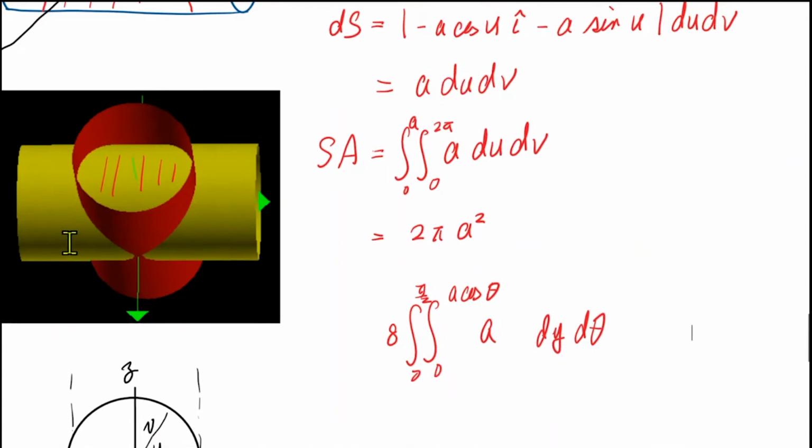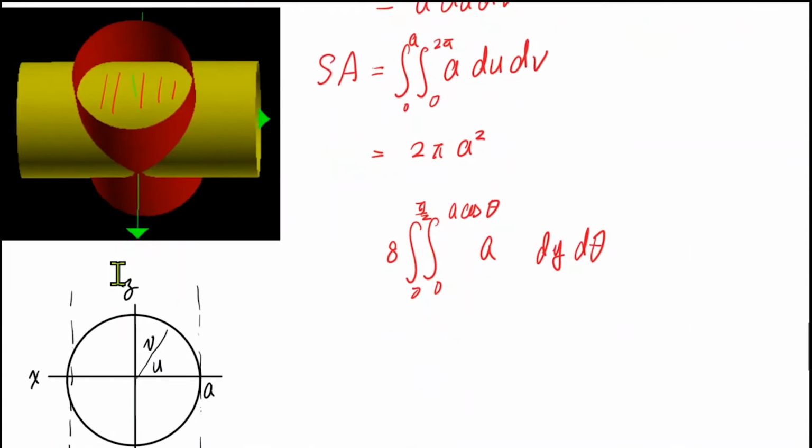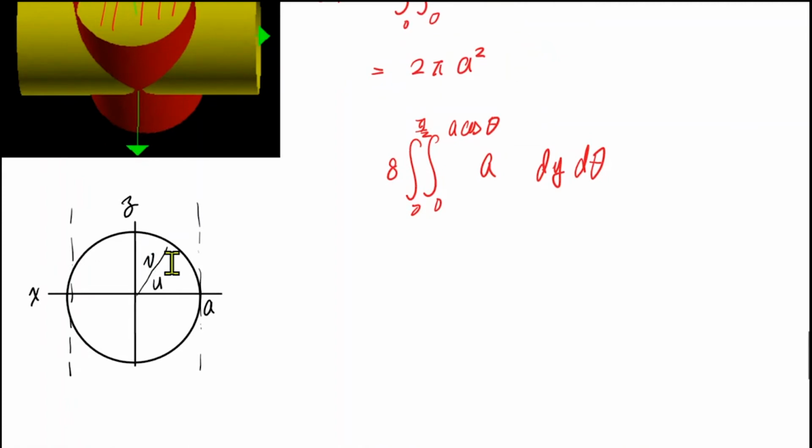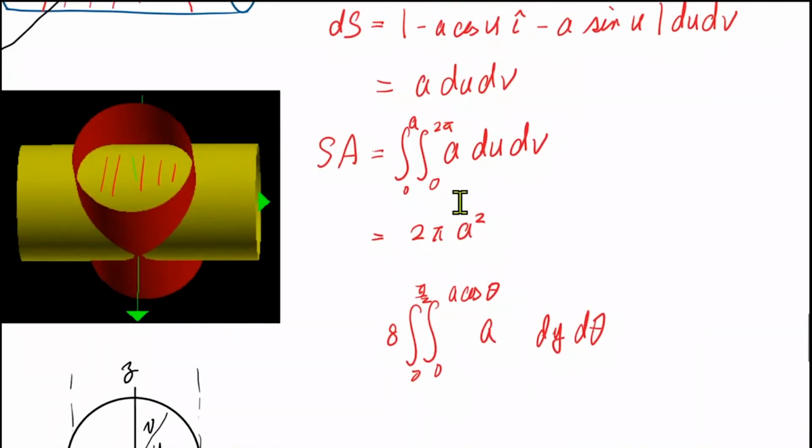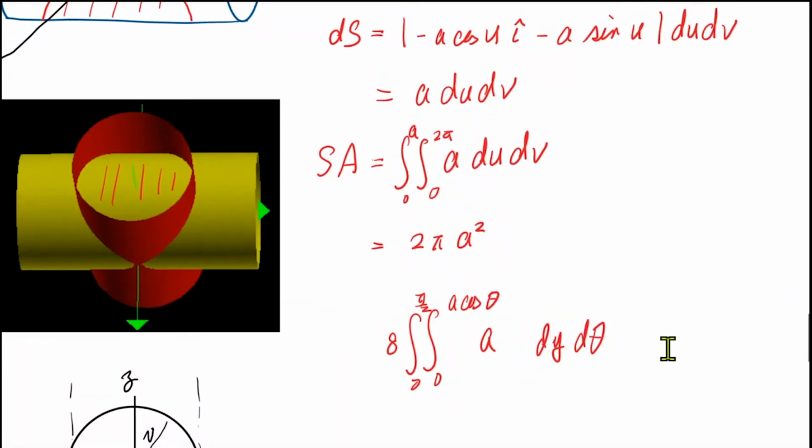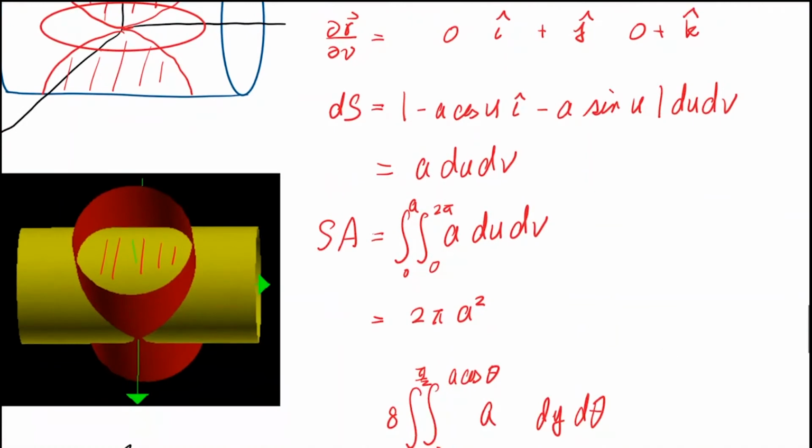A cosine theta. So they are varying y from 0 to that circle. 0 to this. Oh, I see, I see, I see. I think I can make sense of it. Okay, because this was just kind of wishful thinking. Okay, let's come back. And then I think I can do it in terms of u and v then.